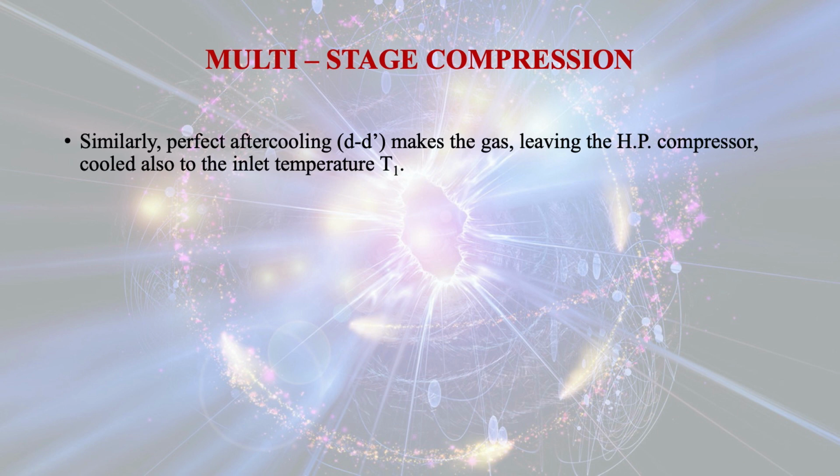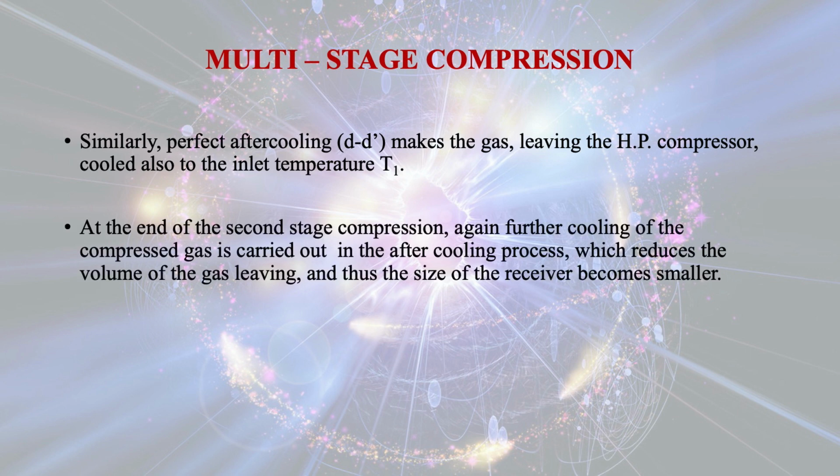Similarly, perfect after cooling, defined as D to D dash, makes the gas leaving the high pressure compressor cooled also to the inlet temperature T1. At the end of second stage compression, further cooling of the compressed gas is carried out in the after cooling process, which reduces the volume of the gas leaving, and thus the size of the receiver becomes smaller.